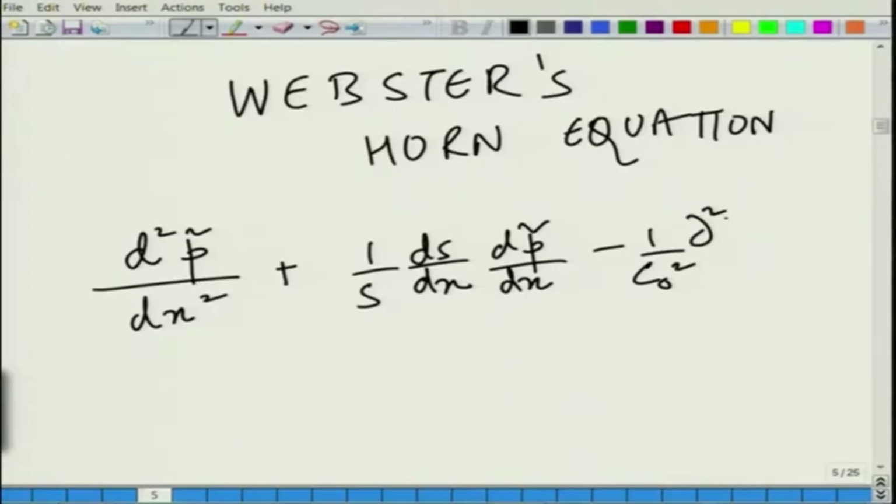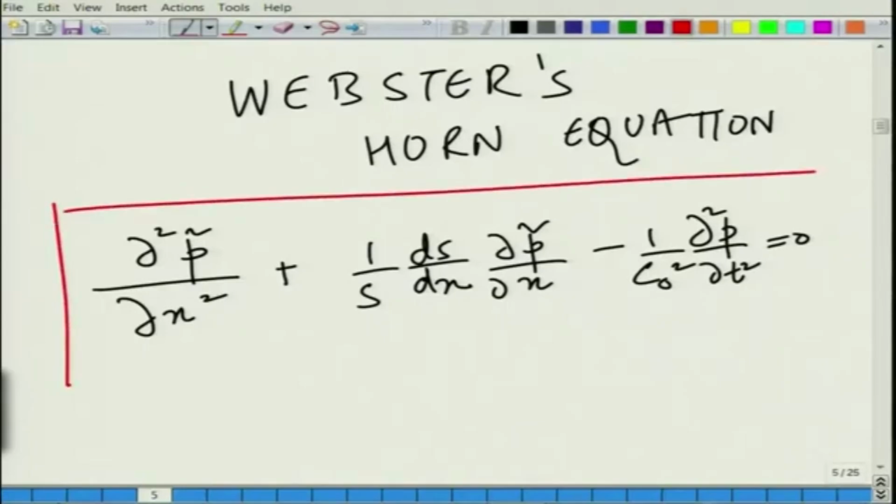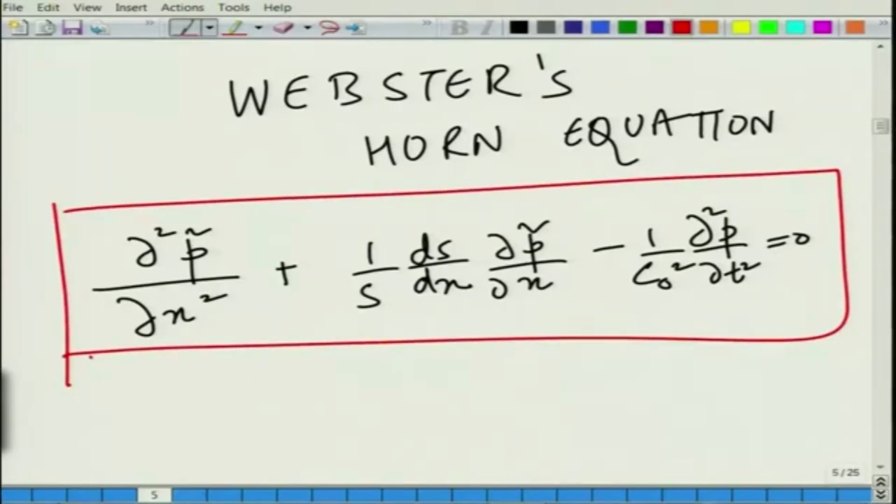Well, if you consider a wave equation, it will be like this, the difference being that this will be replaced here by del. Well, we will see how we get to this equation.